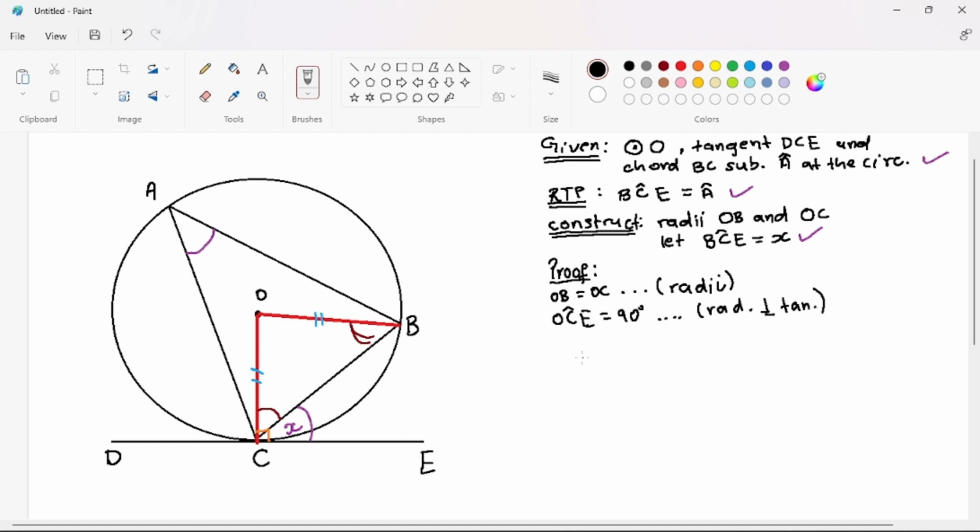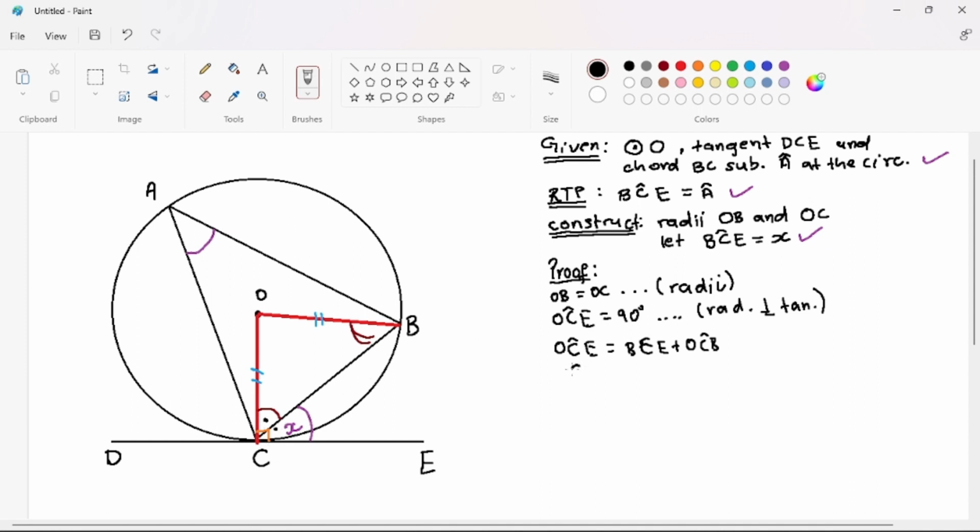And then after that, in order to get angle OCB, you are going to say angle OCE is equal to angle BCE plus angle OCB. So basically, I'm saying this angle plus this angle must give us 90 degrees.